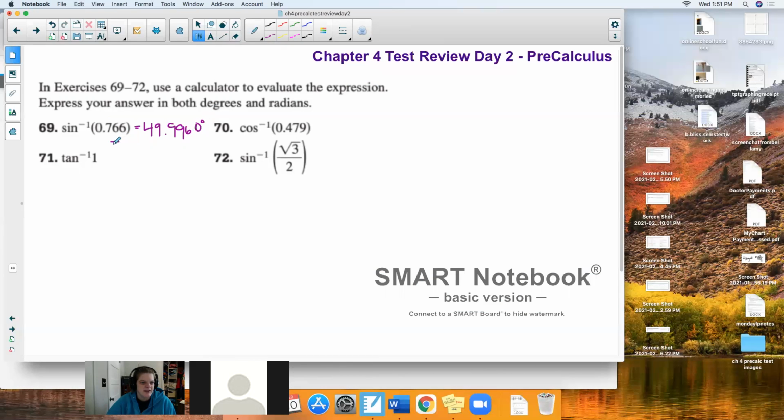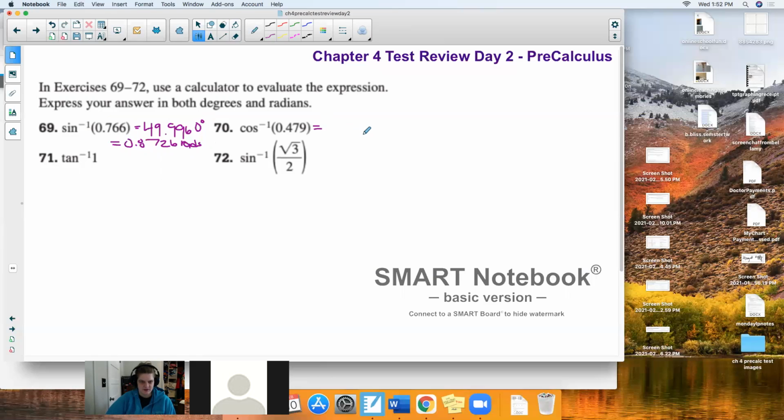And then your radians is going to be 0.87. Usually if they don't have a whole number, it's dumb to do radians, but whatever. Okay. Call them rads.